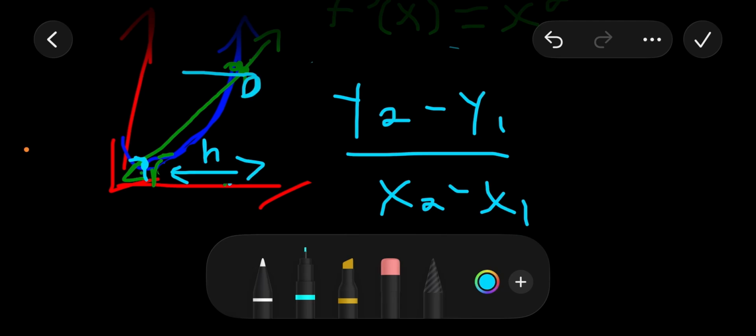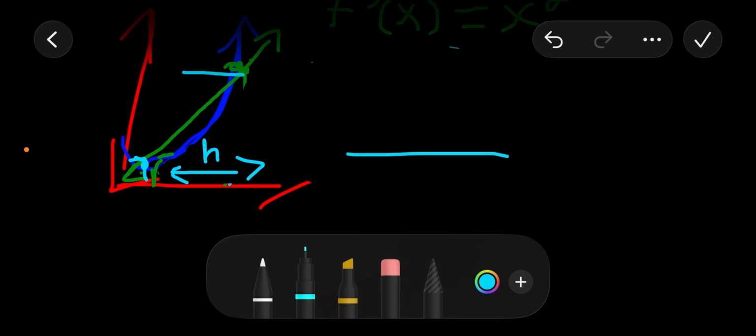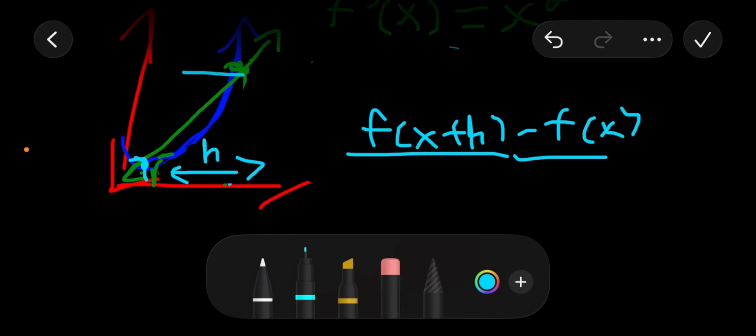So the formula for the derivative from first principles is f of x plus h minus f of x divided by h.